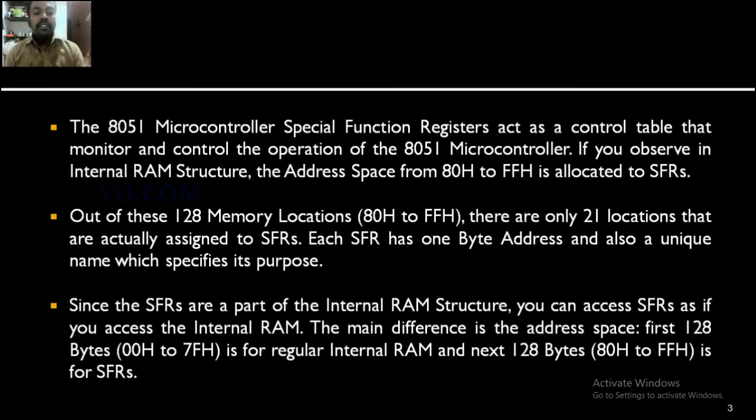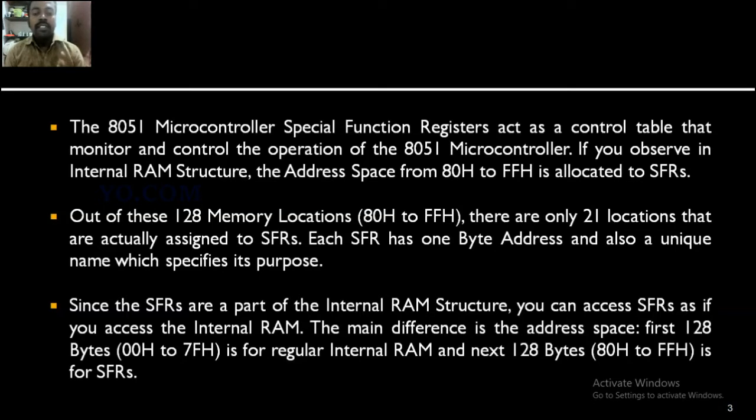Since the SFRs are part of the internal RAM structure, you can access the SFRs as if you were accessing the internal RAM. The same way we access the internal RAM, we can access the special function registers. The main difference is the address space.